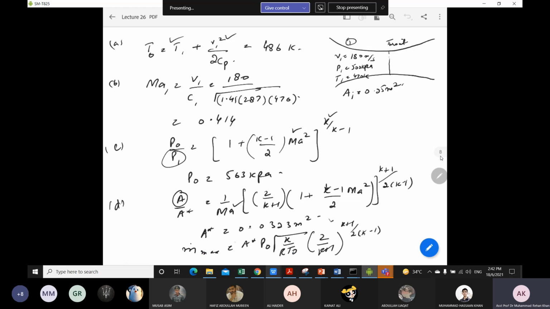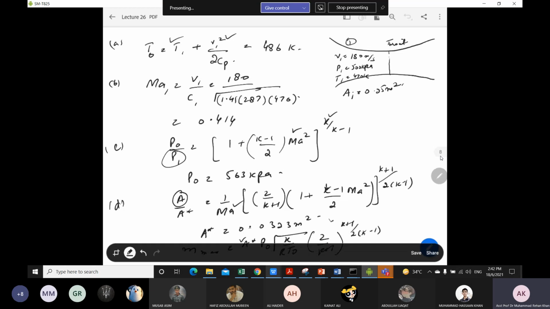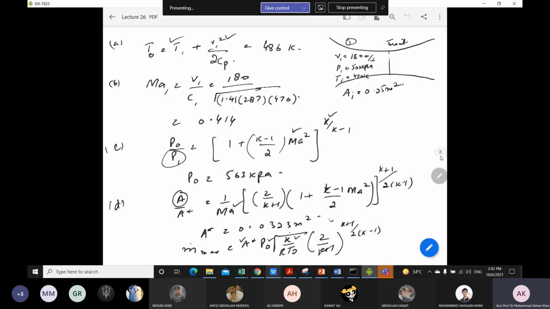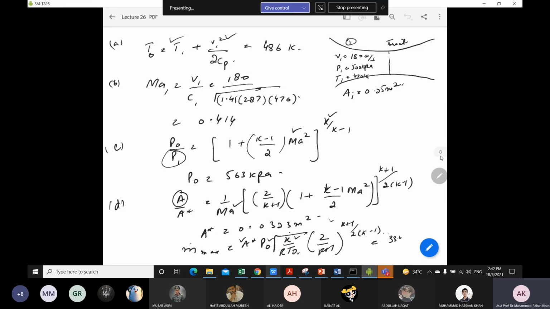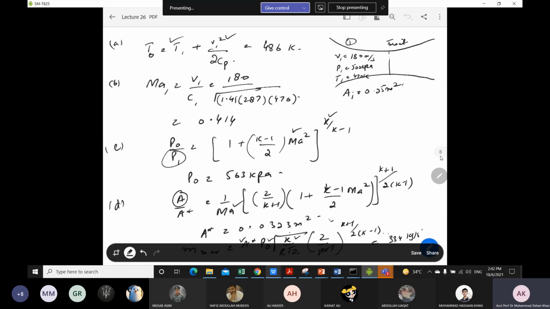Using this relation, A star is known from the previous step, P naught is known, K value is known, T naught is known. All the things are already known to us. So simply put the values, and the mass flow rate becomes 3.4 kg per second. So this is the solution for this type of problem. If you have any question, you can ask me, or you can note it down, or we can just stop at this point.